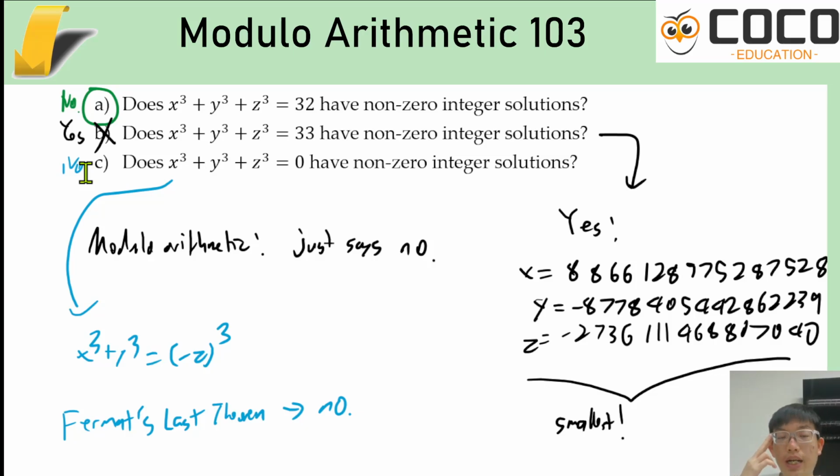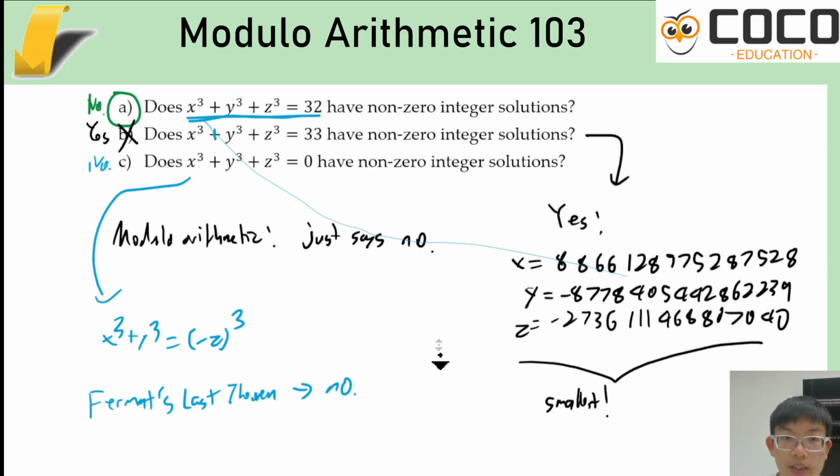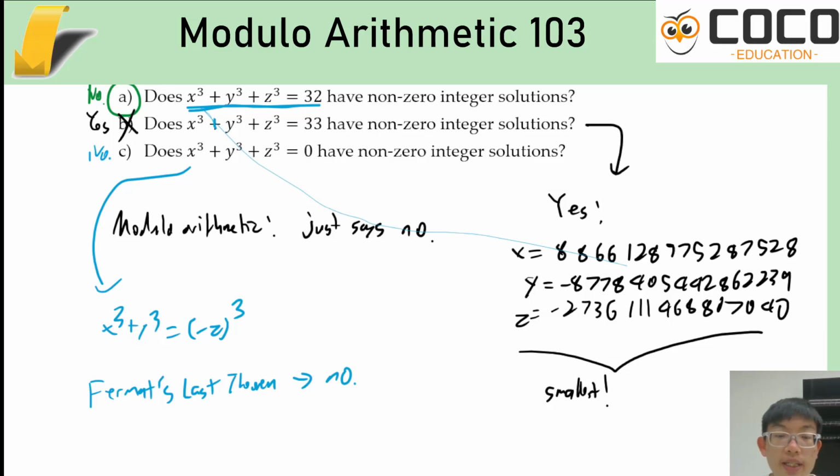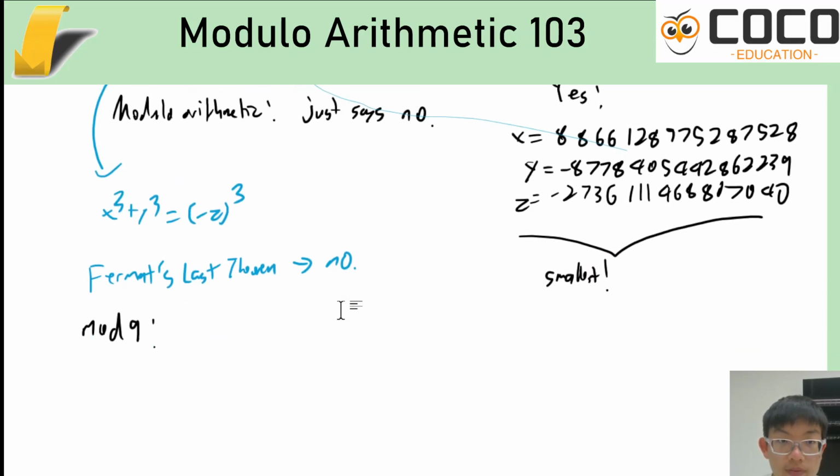Now, in order to answer the question of, well, you said that it is not useless, how do I use it on this guy here? The answer is that I can use a particular modulo as a filter. So in my case, I'm going to use mod 9 as a filter. I'm going to use mod 9 to filter the cubes.